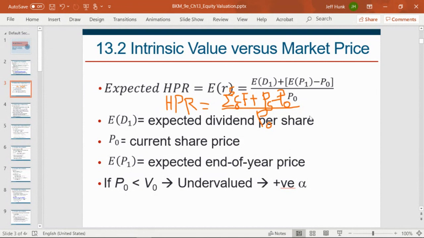So holding period return based on the past data, right? If I'm standing here and now it's the end of 2019, and starting from the end of 2015, I have 5 years of data: end of 2015, 16, 17, 18, 19.